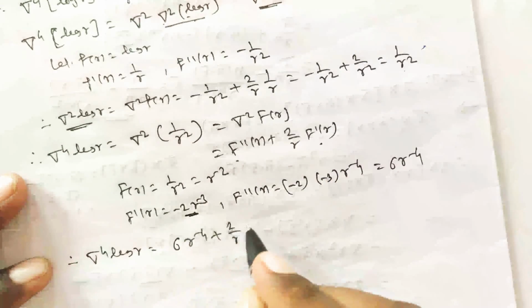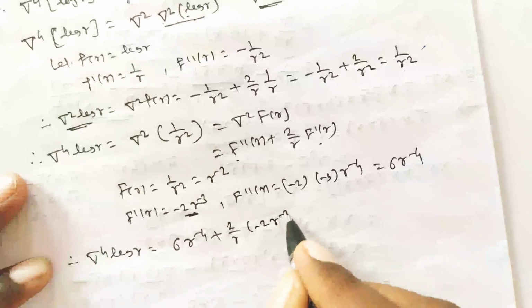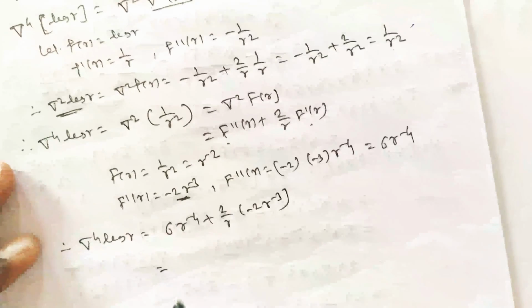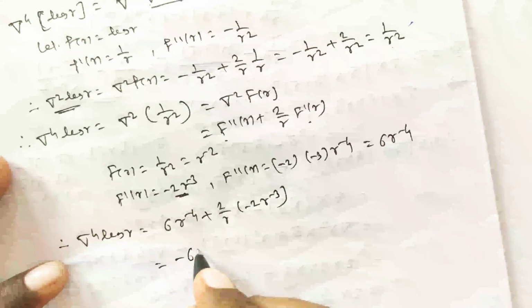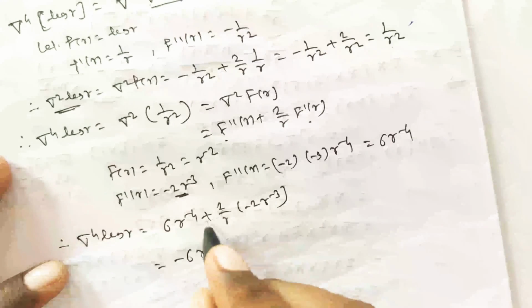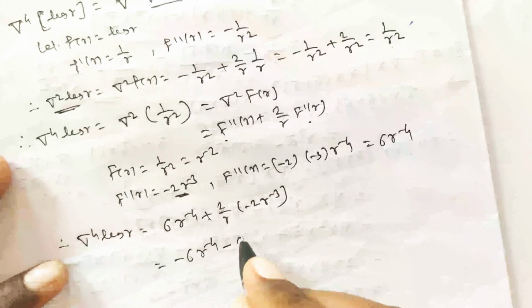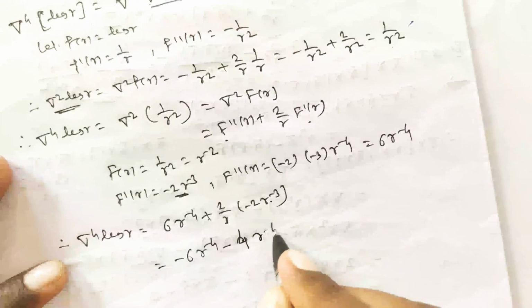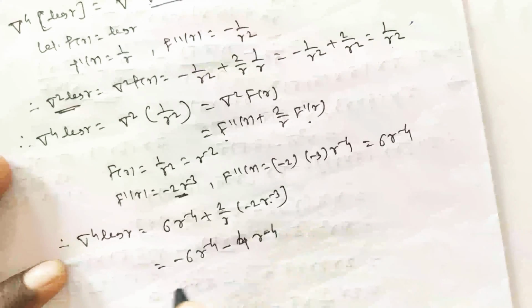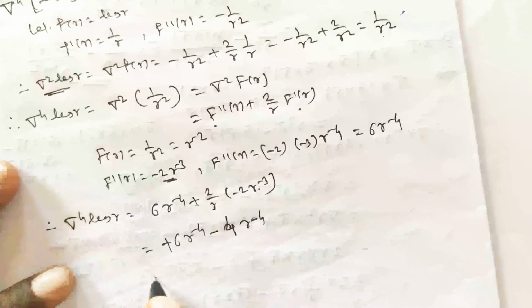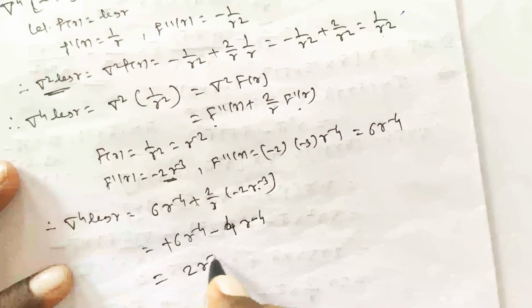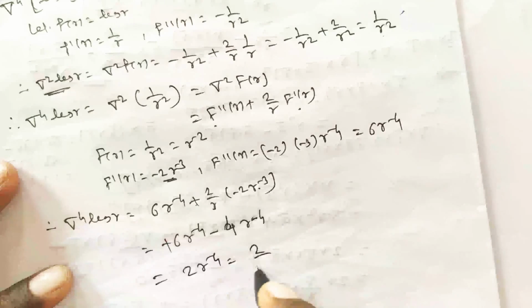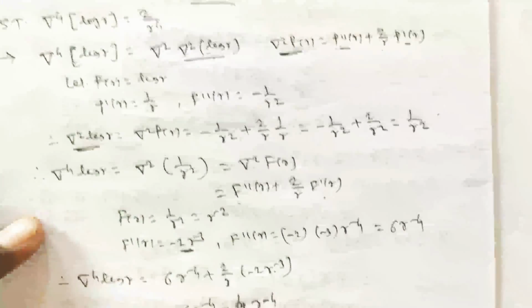F dash of r is minus 2 into r raised to minus 3. So after simplification, this is 6 r raised to minus 4 plus minus 2 into 2 is 4, r raised to minus 3 upon r is r raised to minus 4. Okay, so this is equal to 6 minus 4 is 2 r raised to minus 4. 2 r raised to minus 4 means 2 upon r raised to 4.